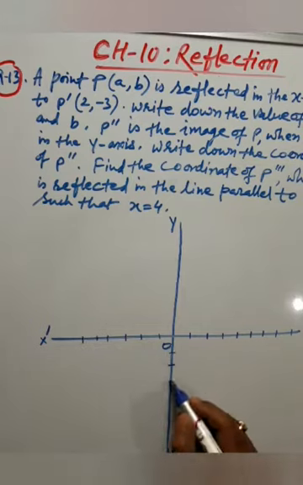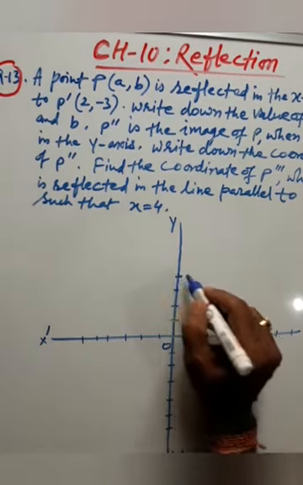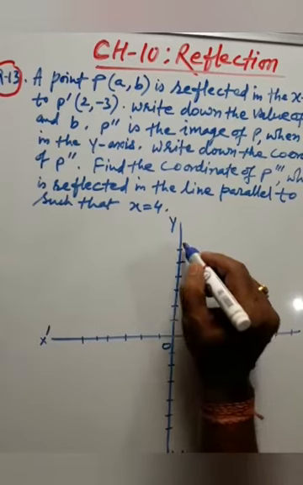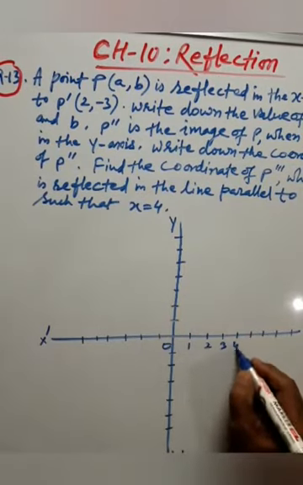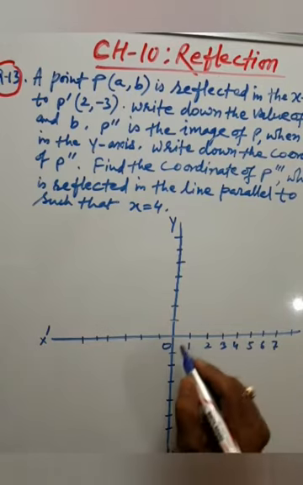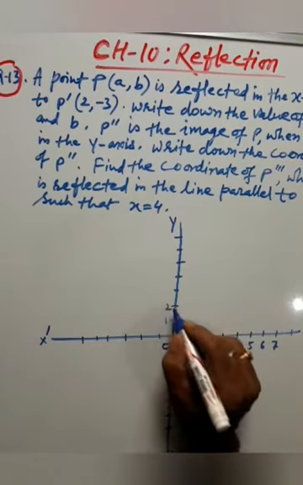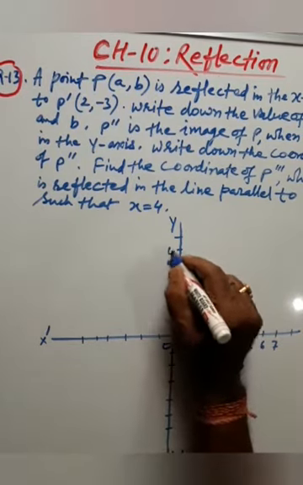On the Y axis as well, mark it at equal distance above the x axis and below the x axis. And now label it. It is 1 2 3 4 5 6 7 like that. Here it is 1 2 3 4 5 6.